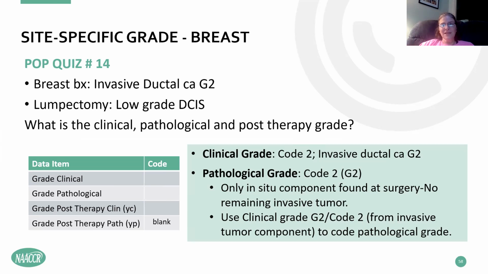Remember, we don't have Nottingham listed here or SBR, but if it's documented as a G2, you want to take that as the Nottingham. Your pathological grade would be a G2. Only the in situ component was found at surgery, but you know that this is an invasive tumor and you do have clinical grade information. So you would use the clinical grade in the pathological grade field.